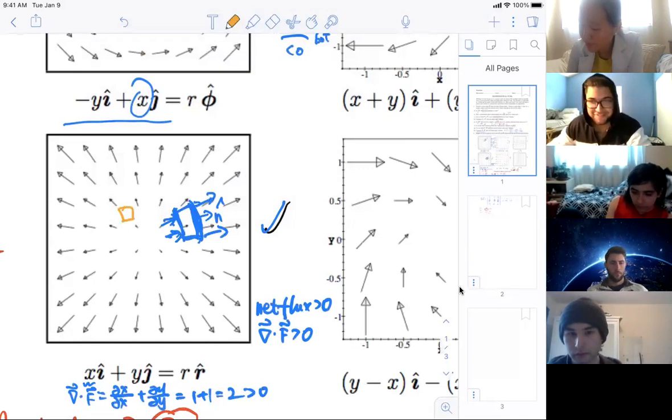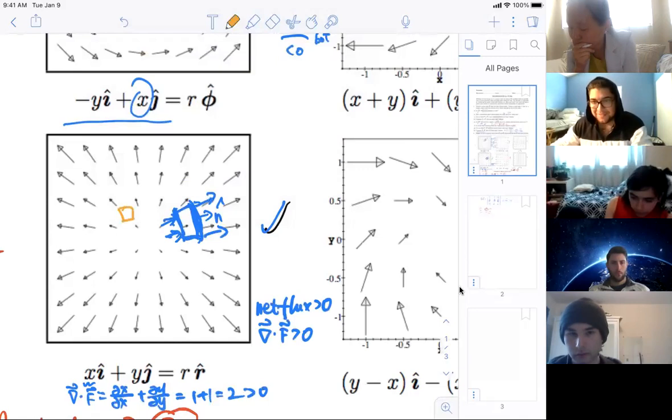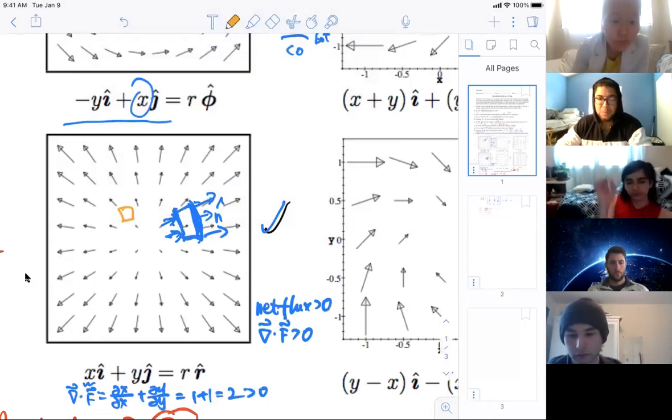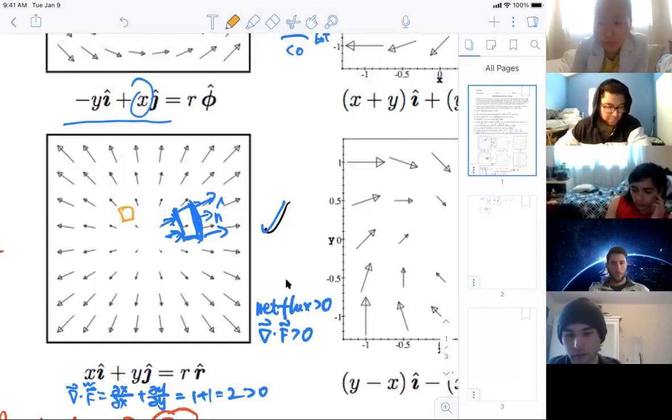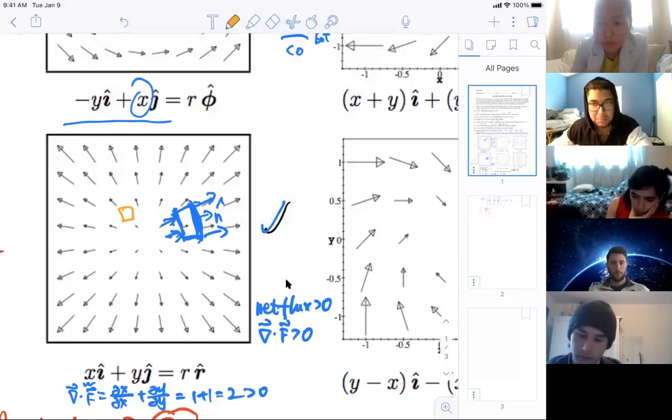It was hard for me to do this the paddle wheel way, because I don't know if the x component of the smaller arrow on the bottom of the wheel is equal to the x component of the bigger arrow on the top of the wheel, because they're at different angles. So I had to do it mathematically to really convince myself that it was zero.